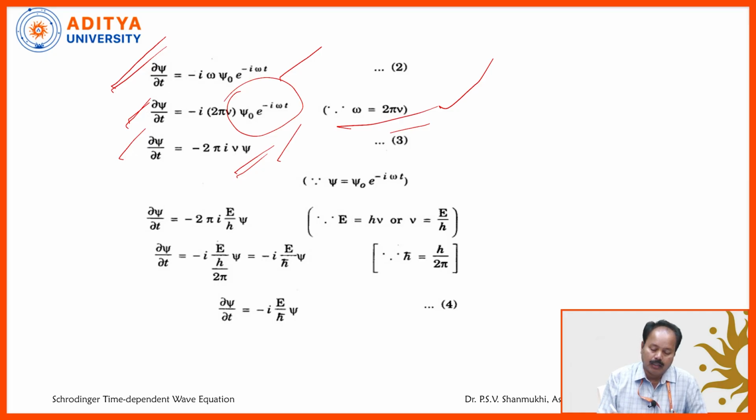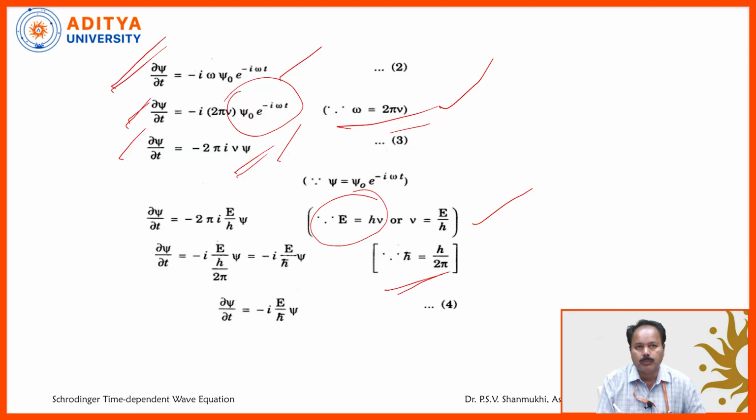Actually we have the energy expression E equals h nu, or E equals hc by lambda; anything you can write, h nu, or nu is equal to E by h. In quantum mechanics there is a notation, h cross is equal to h by 2 pi. You can say h cross or h cut, h by 2 pi.